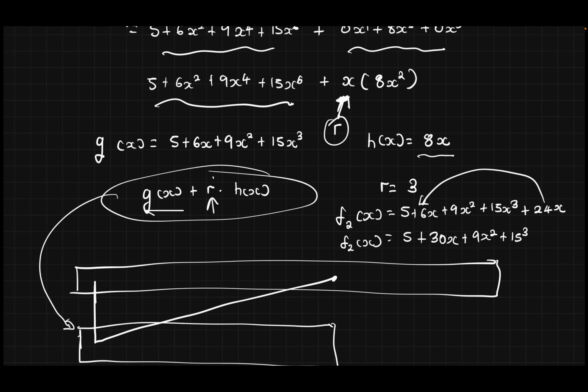That's 3 times 2x, which gives 24x. Yes, so you're adding 24x to 6x to give 30x.